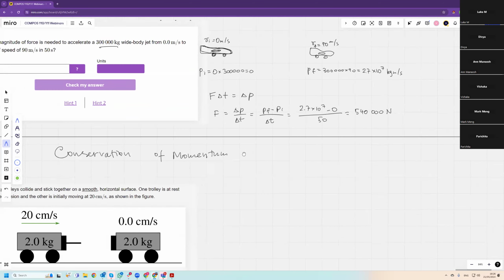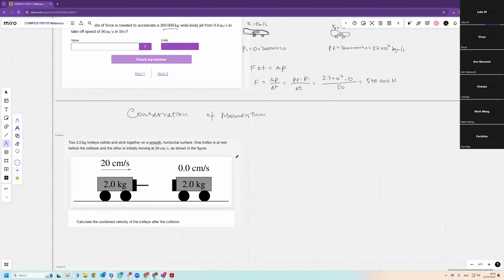It turns out that if you have a system of objects with no external forces, the total momentum of all the objects is a constant value.